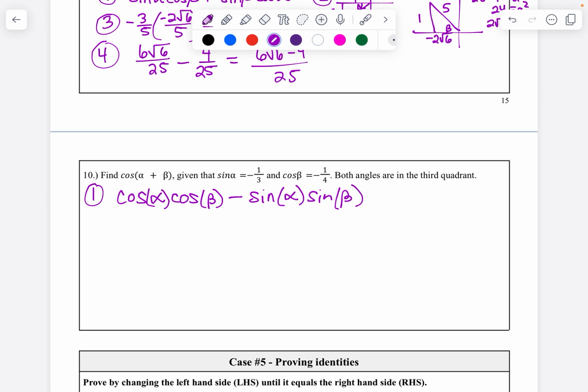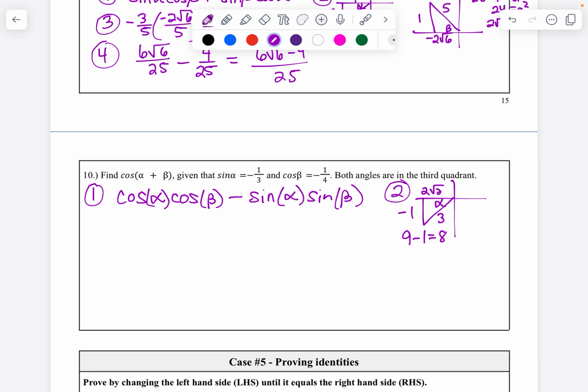And so then I need my diagram. So both angles are in the third quadrant. All right, so we're over here. So the first one, for alpha, they tell me the sine is negative 1/3. So if I do Pythagorean theorem, 9 minus the 1 will give me 8, and that would be the side squared.